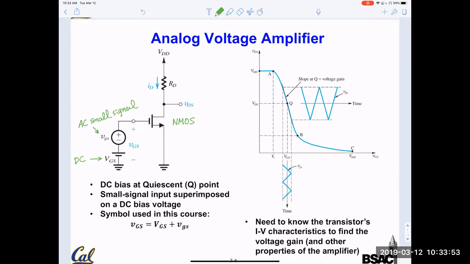Remember our convention: VGS, capital G, capital S, is equal to VGS plus vgs. So the total signal is equal to DC plus AC.